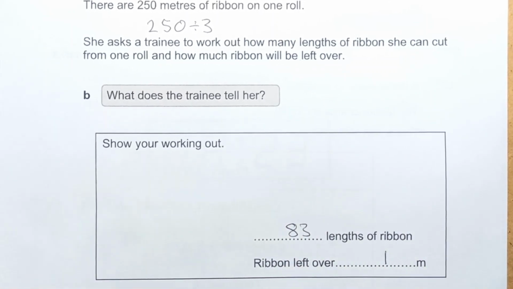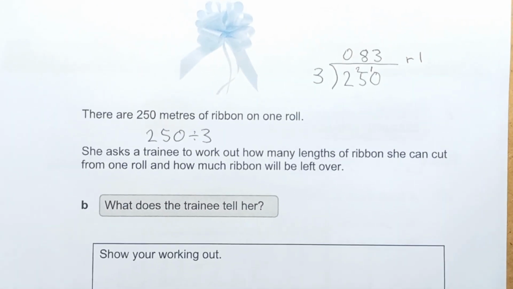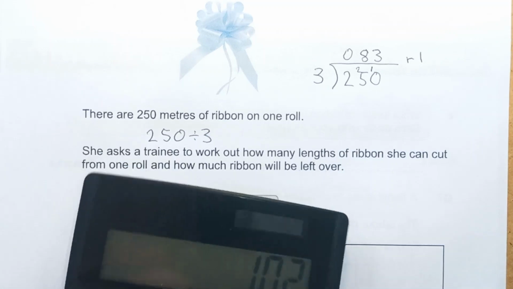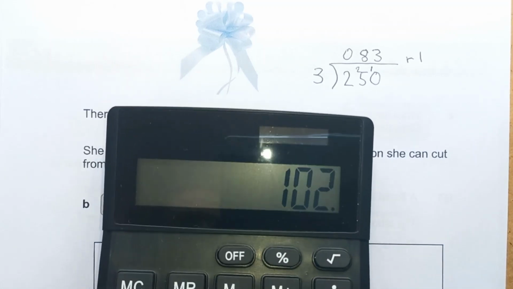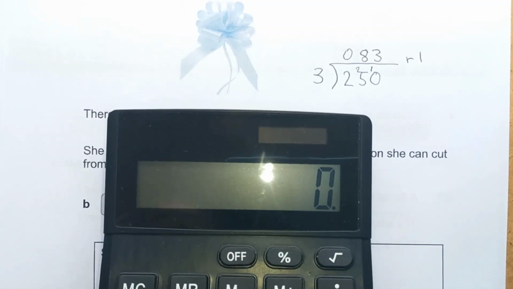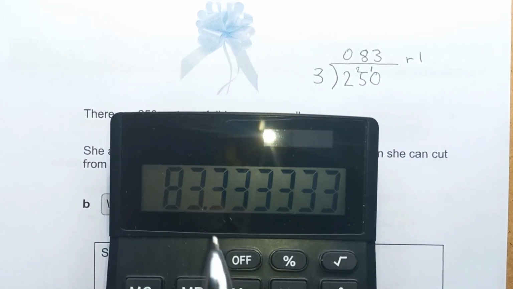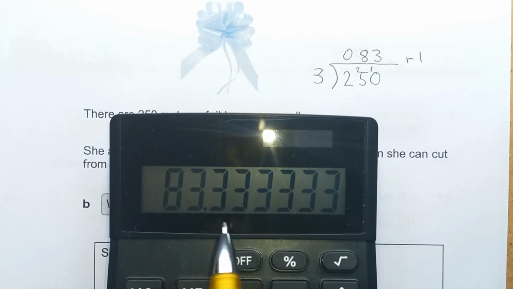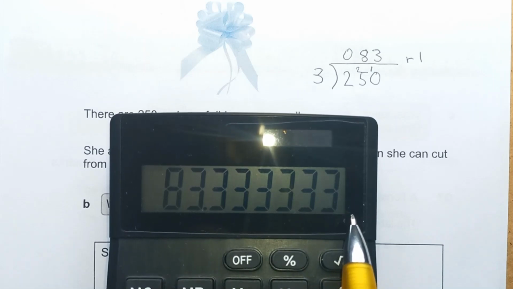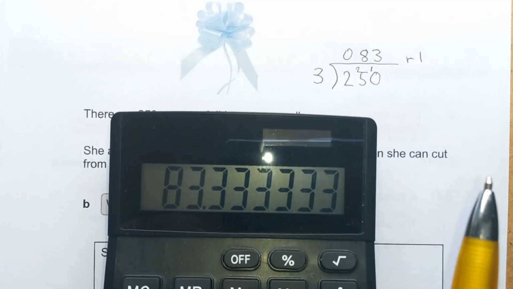Now the reason I did it using the bus-stop method is because I think it's actually more complicated on a calculator. If you've got a simple calculator like this, then if you did 250 divided by 3, well, we'd get the 83 straight away. But then the rest of it, we're getting it as a decimal. So 0.33, so we're getting a third.